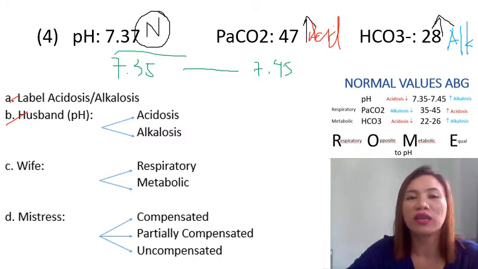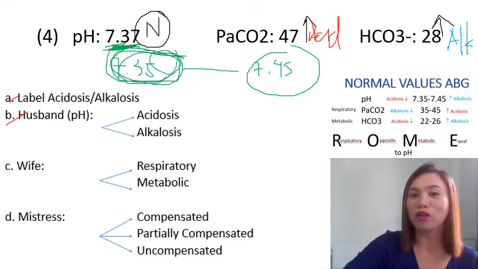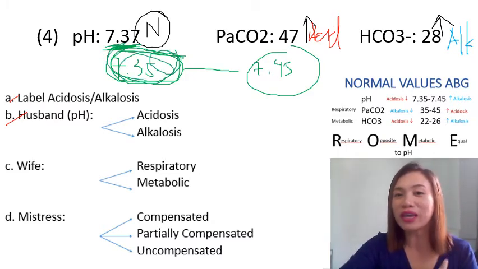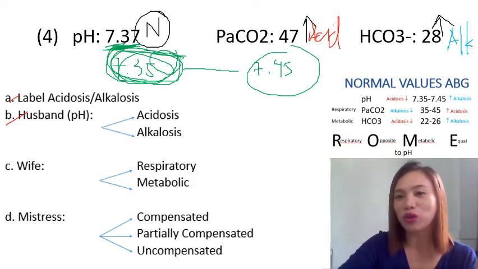Now, between this and this, where is your 7.37 closer to? Your 7.37 is closer to your 7.35 in the lower portion. Therefore, we can consider it as like the decreased portion, so it's acidosis.